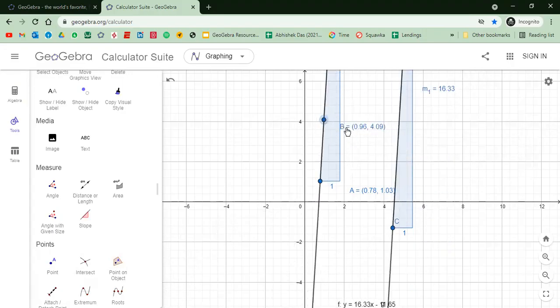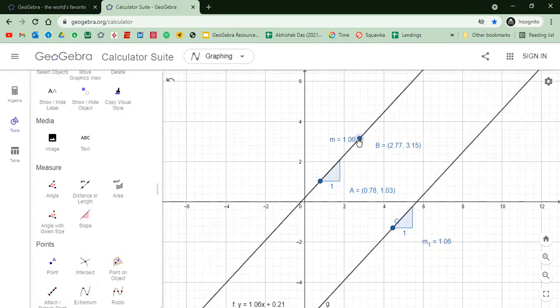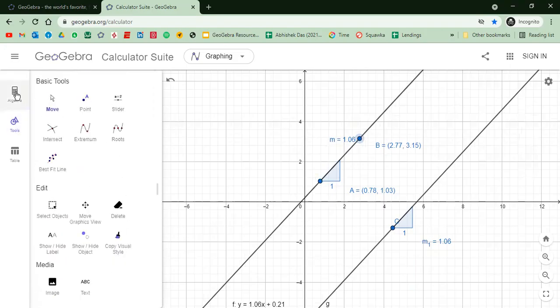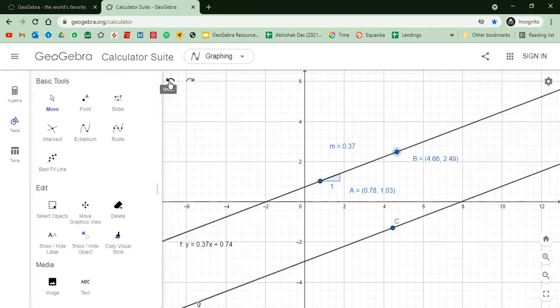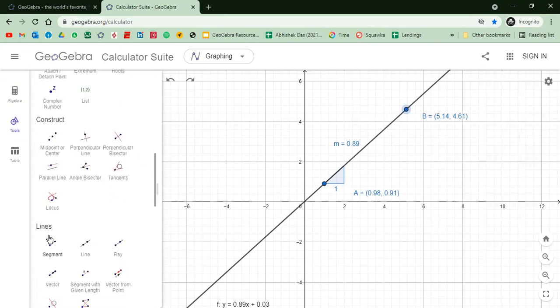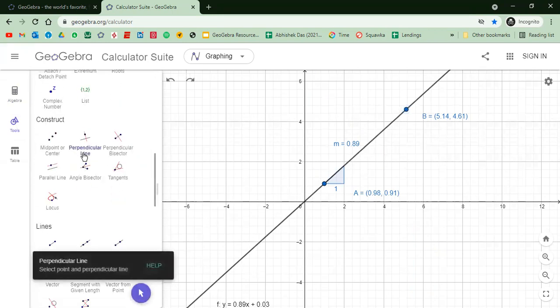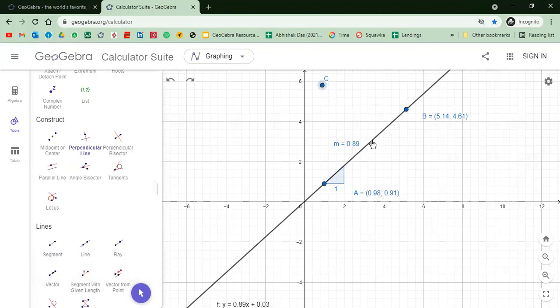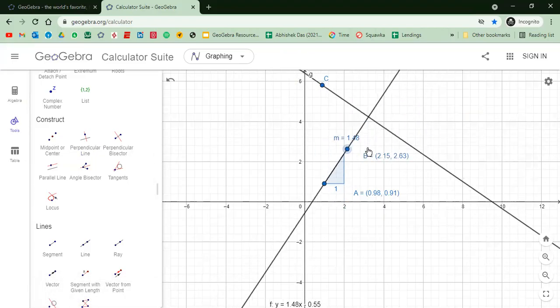Now, what happens to the slope of a perpendicular line? Let me delete this one. All right, then let's draw a line perpendicular to this given line. So, perpendicular line, let me take it through this point. Now this line will always be perpendicular.